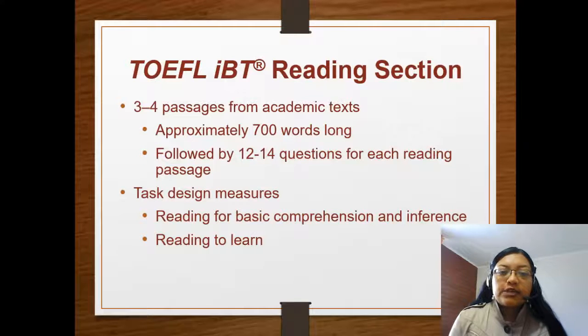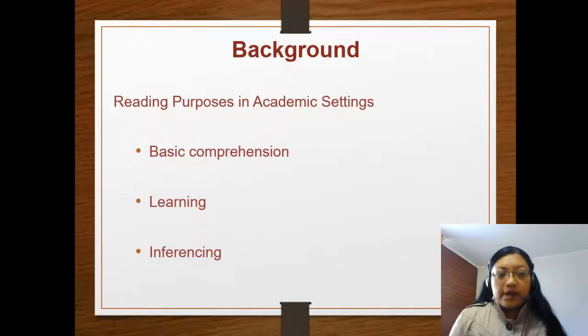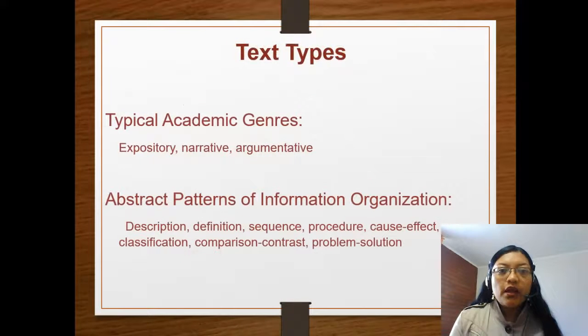The task design measures reading for basic comprehension and inference, and reading to learn. What is the background for reading? Again, this is very academic-like. So we have basic comprehension, learning, and inferencing. What kind of texts would you have?